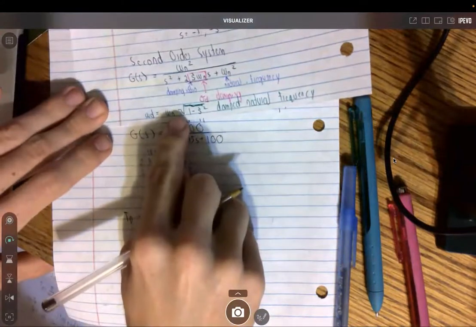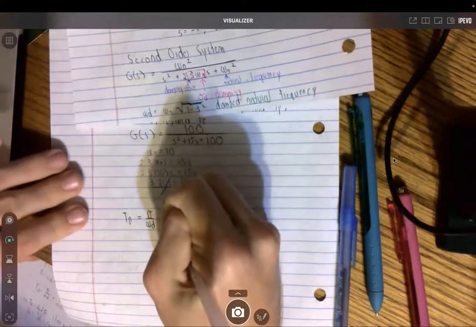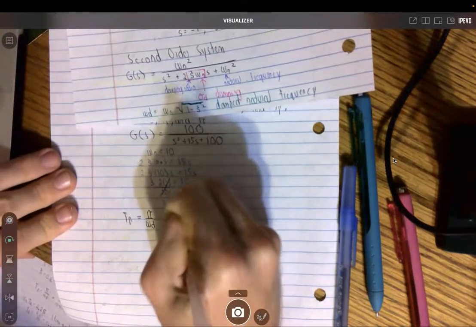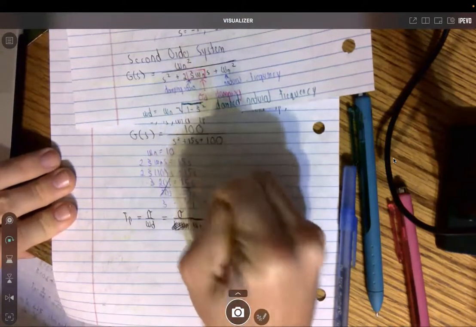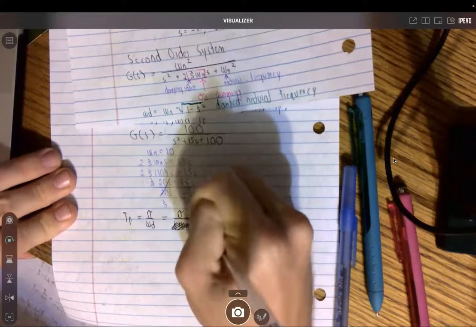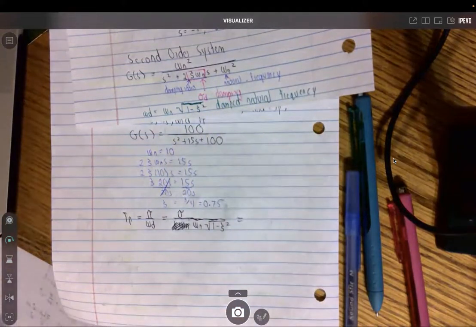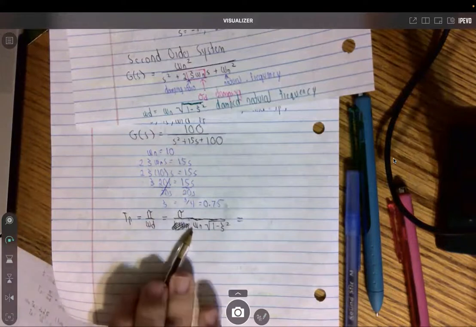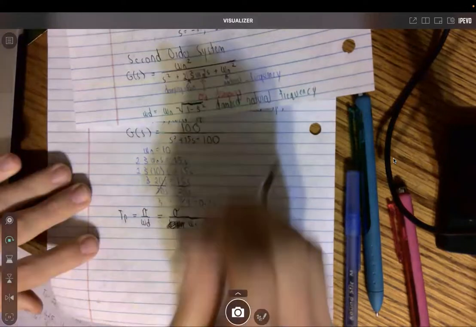Omega d is equal to, oh, sorry, wait, I was looking at the wrong one real quick. This one, when you substitute in for omega d, it'd be omega n square root of 1 minus zeta squared. My bad. And so if we plug in here, do we know our omega n? Yes. Do we know our zeta? Yes. So we can solve for this.